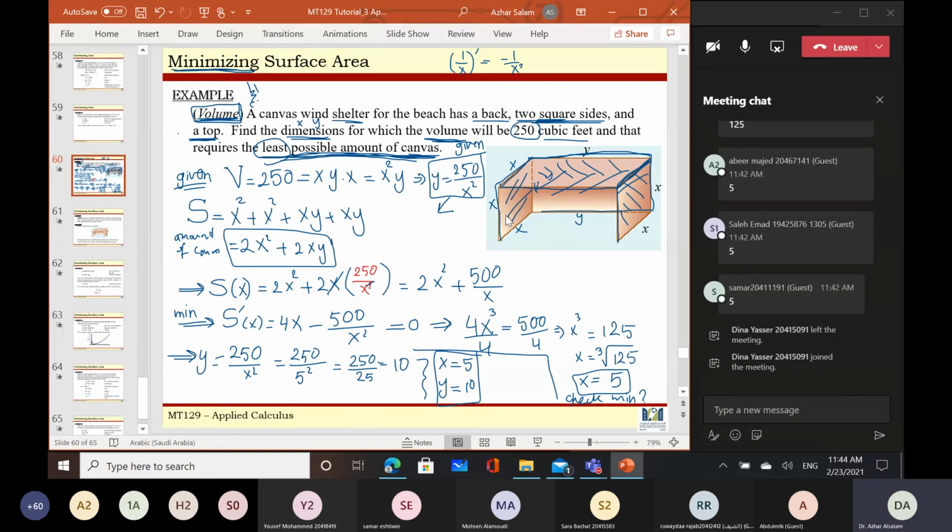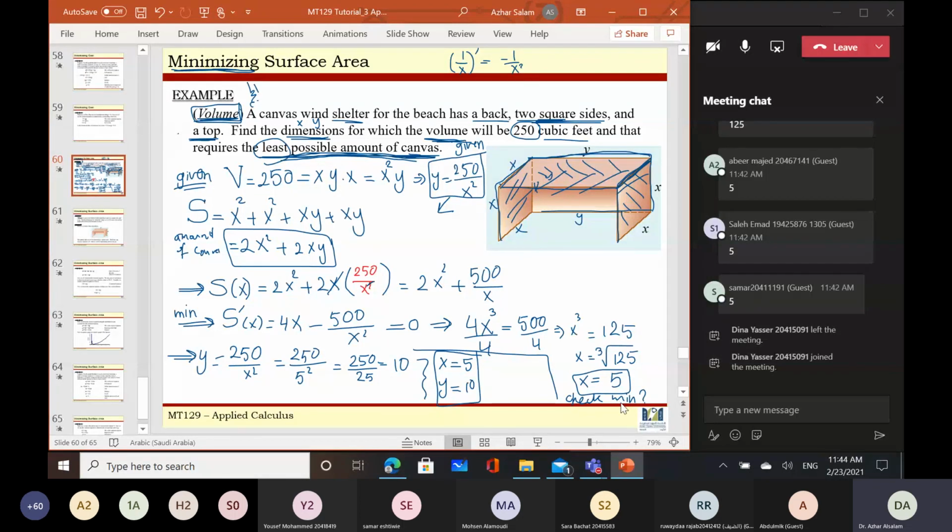After differentiating, find the critical point, like here. I find the critical point and check whether it's a minimum or maximum. If it is a minimum, I will complete. If it's a maximum, then there is no solution.